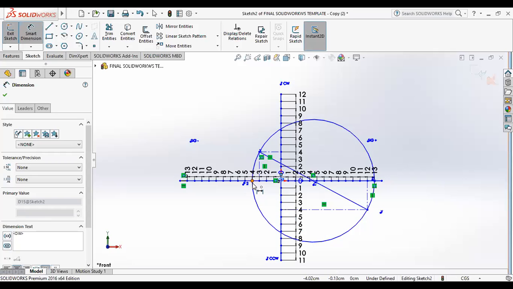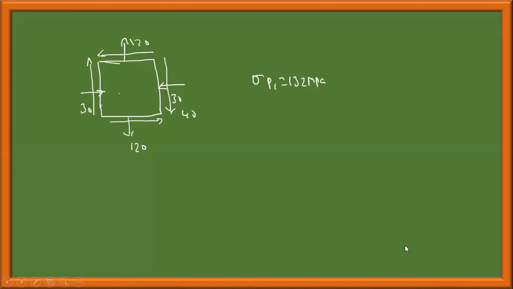Sigma P2 is this point, from the origin to this point is around 40 MPa, right? I will write it as 40 MPa. Sigma P2 is equal to 40 MPa.